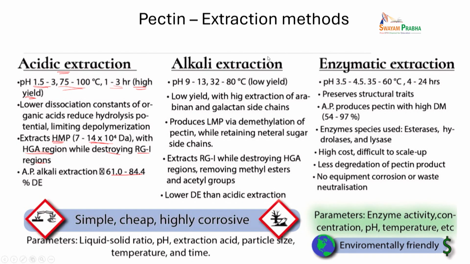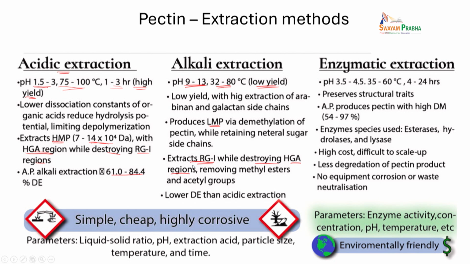If you look at alkali, the pH is 9 to 13 using sodium hydroxide or any other alkali, and temperature can be anywhere from room temperature to 80 degrees. These ranges are given based on previous work, and it is shown that usually the alkali extraction gives a very low yield of pectin, and that is because it produces the low methoxylated pectin, and it extracts mostly the hairy or amorphous rhamnogalacturonan, while it destroys the HGA, the homogalacturonic acid.